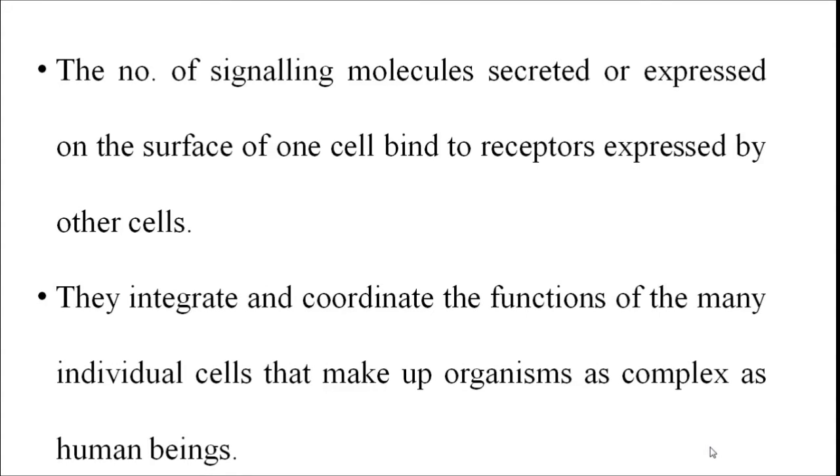When these signaling molecules bind to the receptor, they carry out integration and produce coordinated function within the individual cells. When these individual cells gain the signal, the appropriate changes take place and these cells communicate with other cells to make complex organisms.